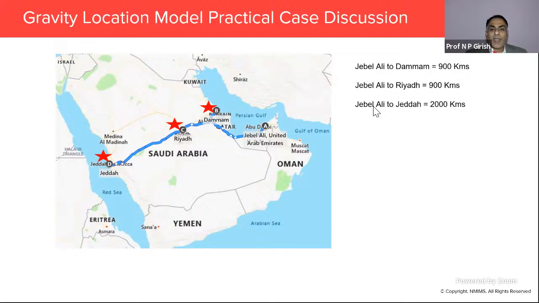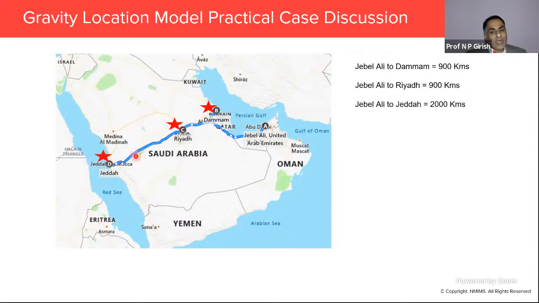Central location looks to be Riyadh, right? And then, yeah. So is the volume given here? In the absence of the volume, you are right. Geographically, it looks to be the center. Yeah. So don't we need the volume? And then we need the logistics cost as well.